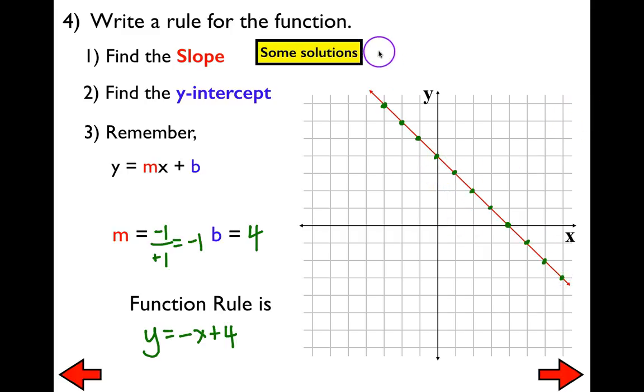So here, (0, 4) is a solution. (1, 3) is a solution. Negative 1, let's see, 1, 2, 3, 4, 5 is a solution. There are more to be listed. However, I just wanted to show you real quick what some of them were.